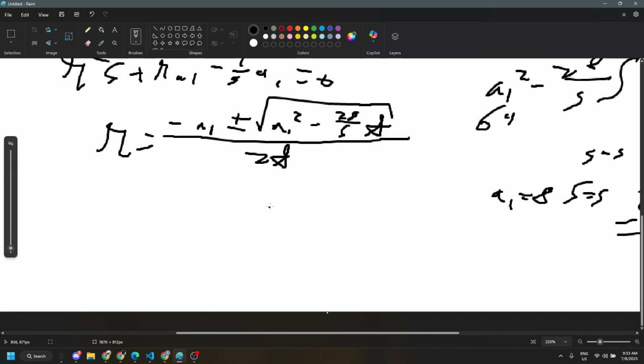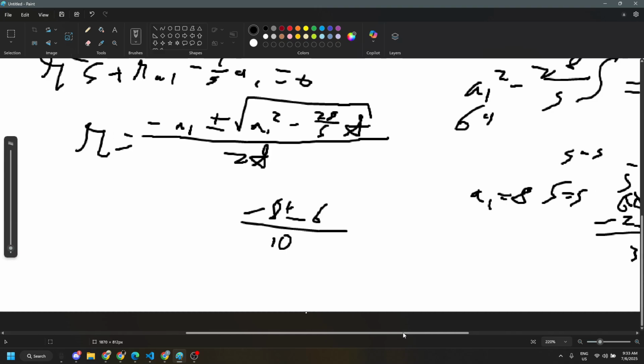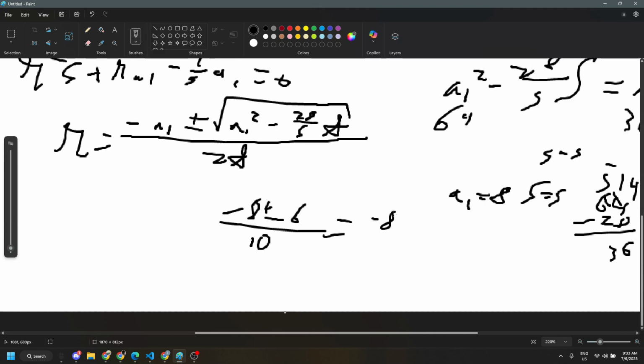Yeah. So then r is negative 8 plus or minus the square root of 36, which is 6, over 2 times s, and so it's 10. So that's negative 8 plus 6 over 10.